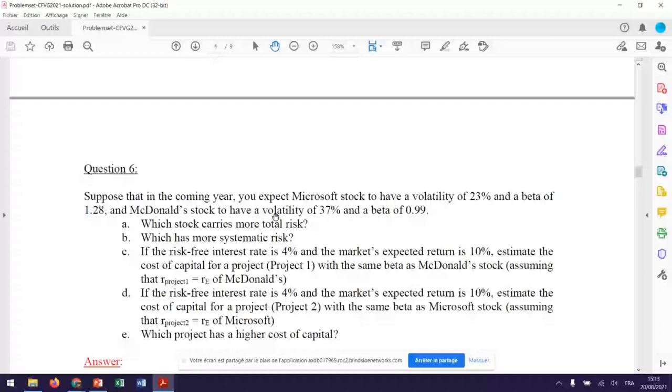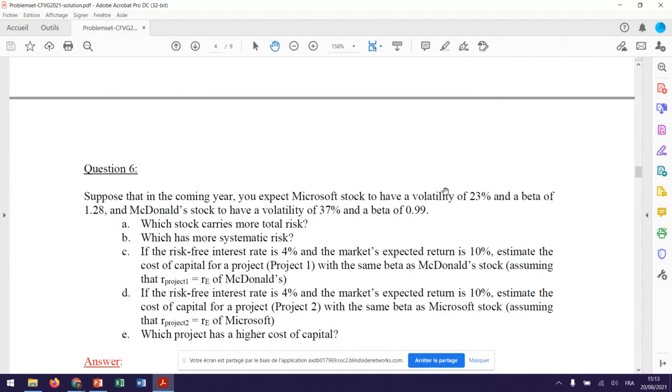The standard deviation is a proxy of total risk. McDonald's stock has a higher total risk. The answer to question A is that Microsoft has higher systematic risk. Why? Because the beta is higher. The beta is a proxy of market risk, whereas volatility is a proxy of total risk.